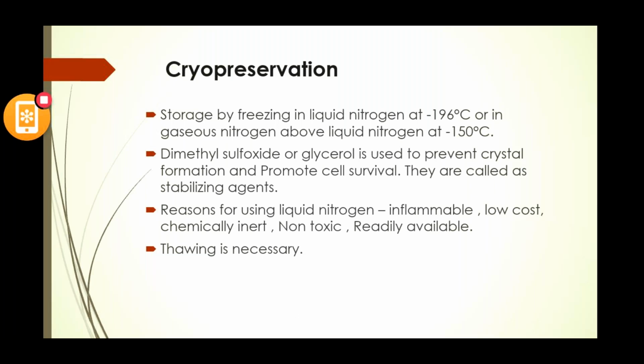Why is liquid nitrogen used? Because it is very cost efficient, non-flammable, and readily available everywhere. We cannot use it in smaller industries, but it is generally used in large industries only. Cryopreservation and lyophilization are used in large industries, and they require some permissions, because liquid nitrogen, though cost efficient and readily available, should have some patents and permits like that.